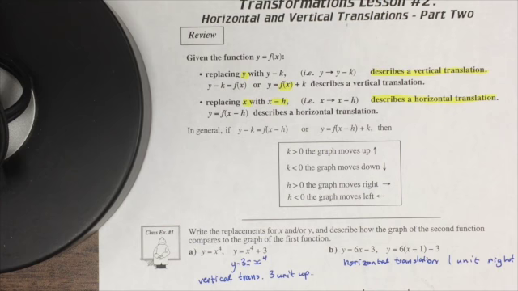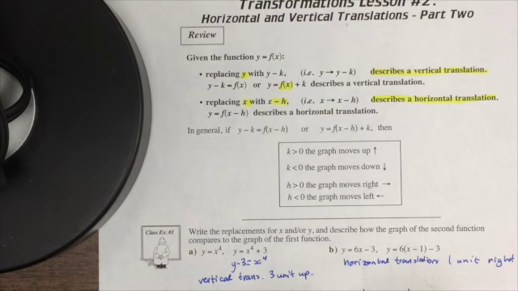Now, write the replacements for x and/or y and the equation of the image. So what we want to do is, using this information, make our new equation. If I have a horizontal translation of 3 units to the right, this means that on my x value, this is going to change my x to x minus 3.